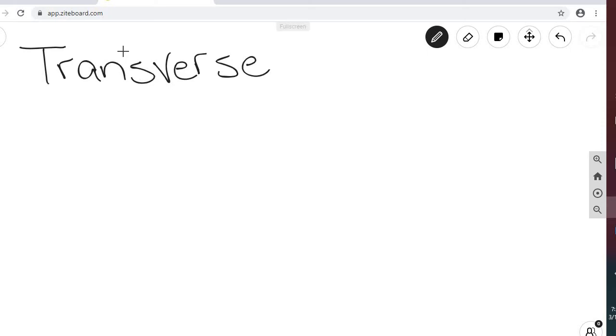There are two types of waves. The first type is a transverse wave, and it's actually the type that I drew up here before. In a transverse wave, I'm going to introduce two terms here, but I'll explain these.